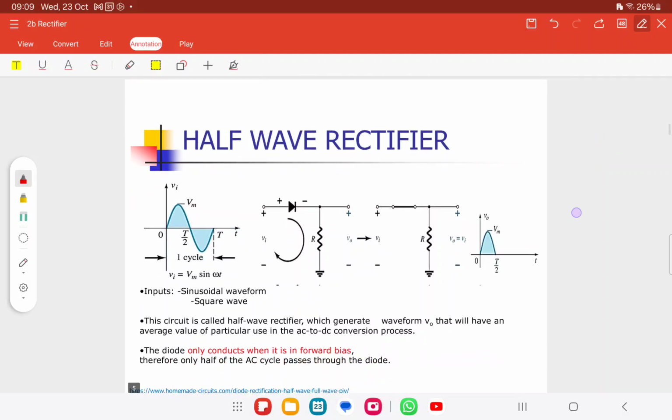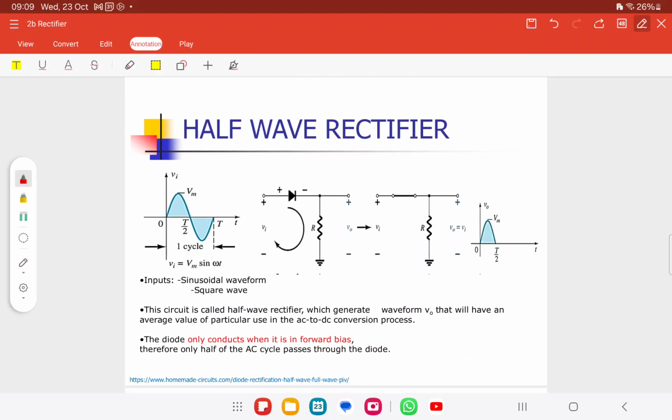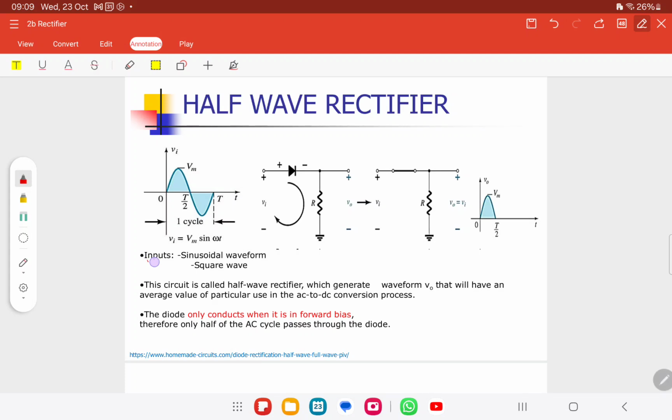Let us look at the circuit. This is the circuit for the half wave rectifier. Input is a sinusoidal waveform, a sine wave or square wave is also possible. Okay. So this is a simple circuit.